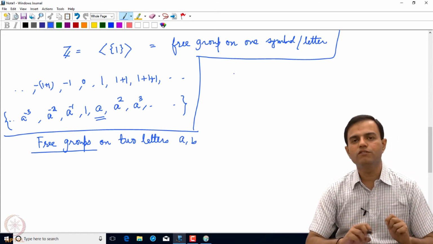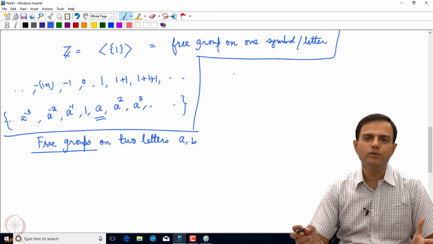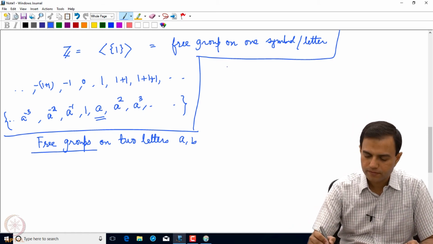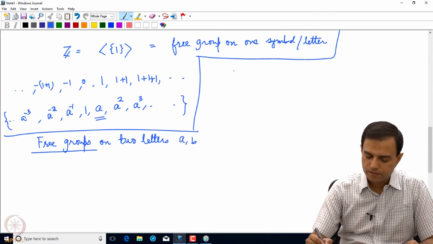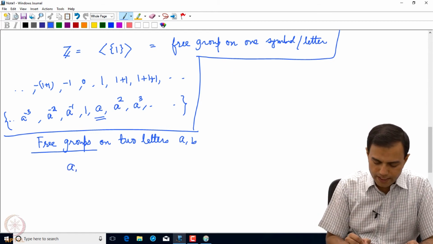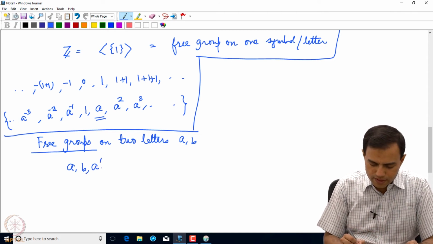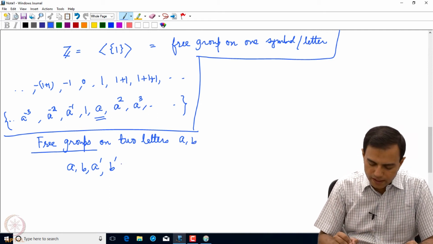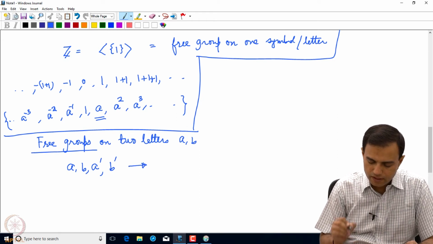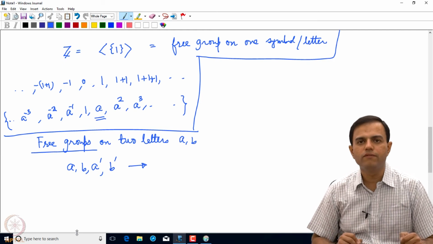So any combination of A and B has to be there in the free group, and then there are no relations. So how do we go about? A is there, B is there. I introduce two more symbols, A prime and B prime. And then with these 4 letters, I make words.